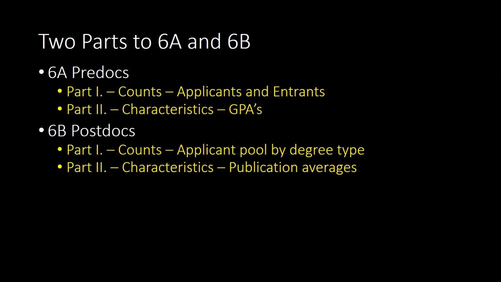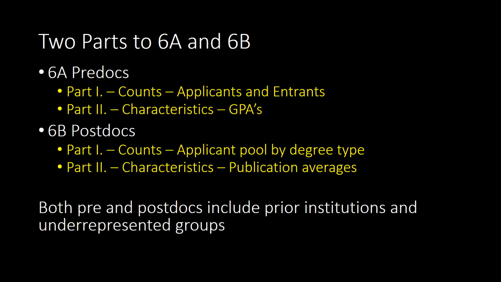Now postdocs, they count by degrees, so they want to know how many MDs applied to the program, how many MD PhDs, how many PhDs, how many other doctoral degrees. And then they want publication averages: how many publications does your postdoc have, how many first author publications do they have.